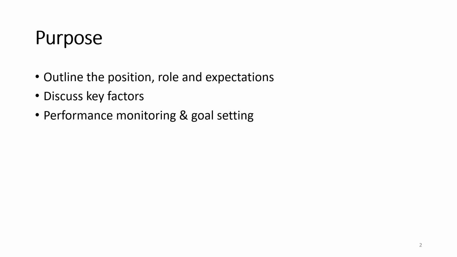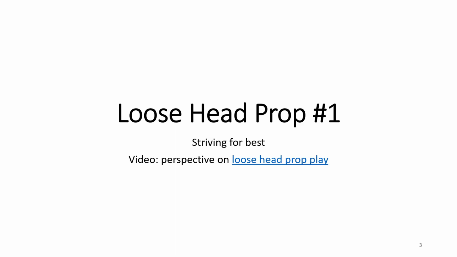The easy ones are the locks and the back row, but sometimes it's not always observable what the other partnerships are. So, what I'd like you to do, if you haven't done it, is take 5 minutes and click on the link that says Loose Head Prop Play.